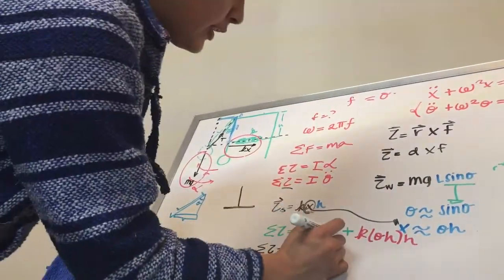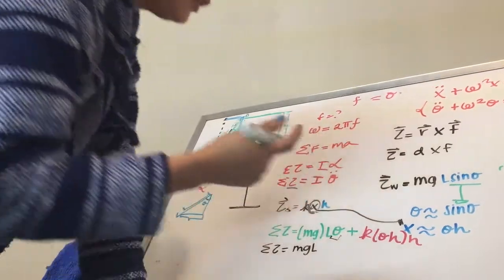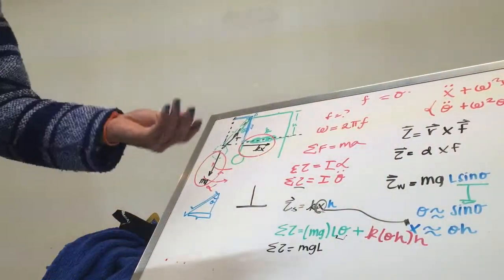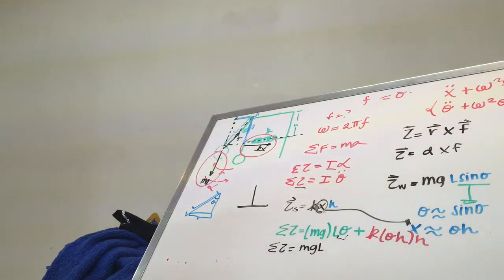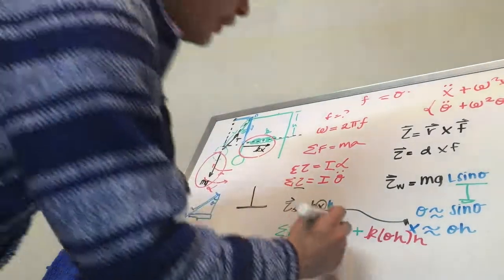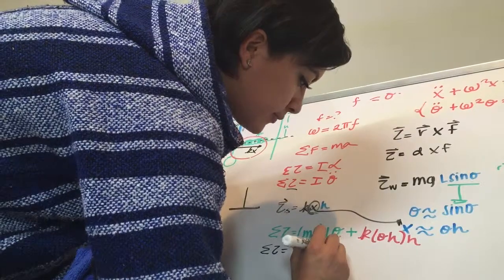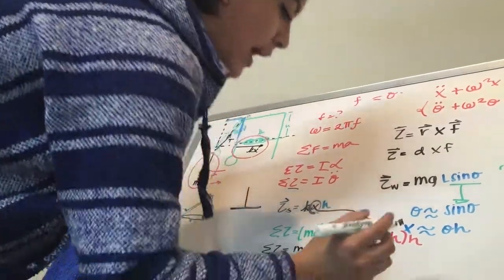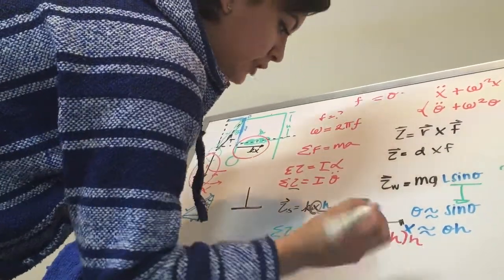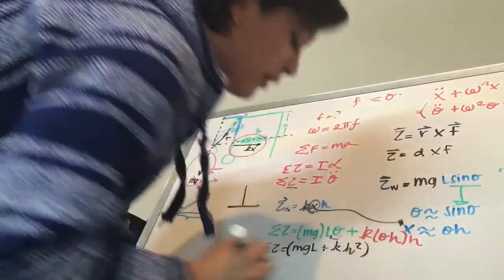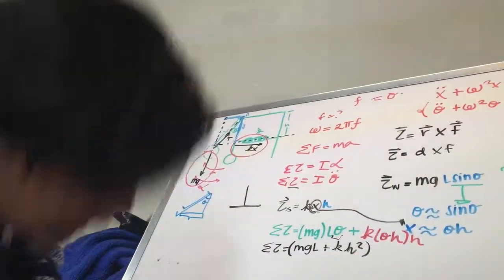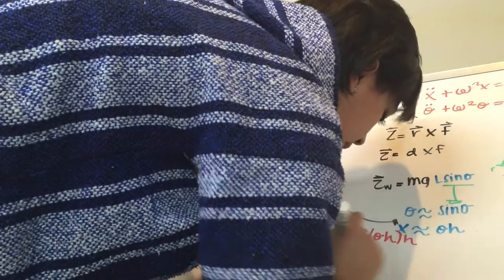Now we're going to take out a similar part in both of our variables. So we're having plus the constant as h times h equals h squared, and everything will be multiplied times our angle, right?